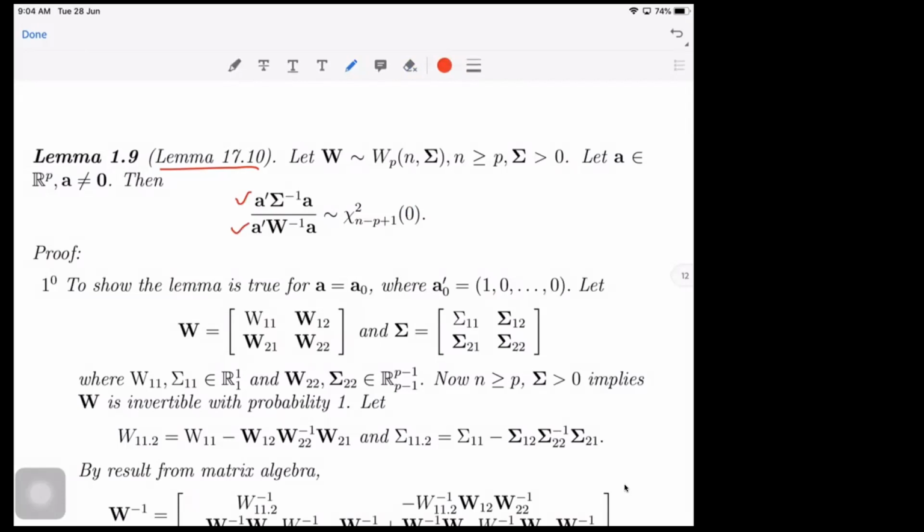So if you recall in chapter 1, when do we have a chi-square distribution? Chi-square distribution is when you start with a normal random variable, and then a quadratic form.